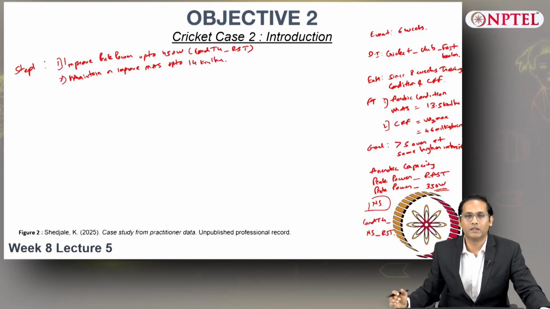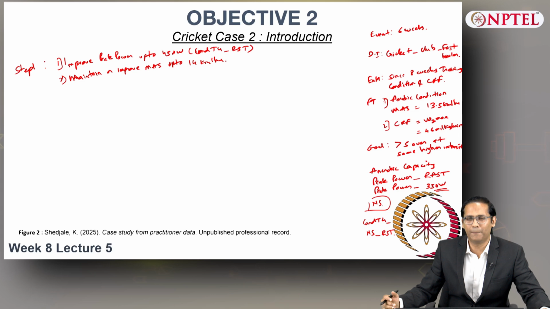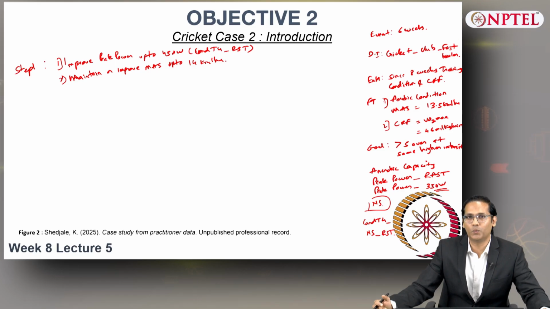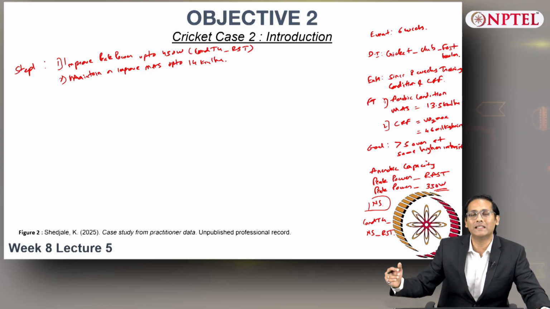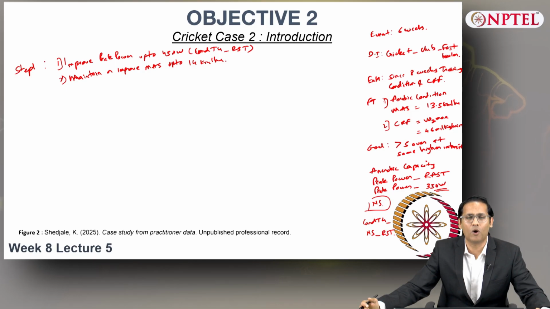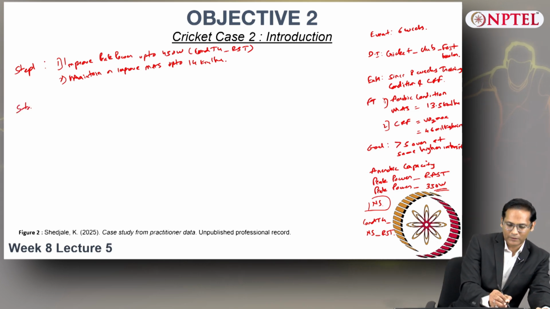So this goal will improve the ability of this fast bowler to continuously perform at vigorous intensity for a longer bowling spell, at the same time maintaining the bowling performance throughout the 10 overs or more than 5 overs that he may bowl in the upcoming tournament. Now this is step 1.